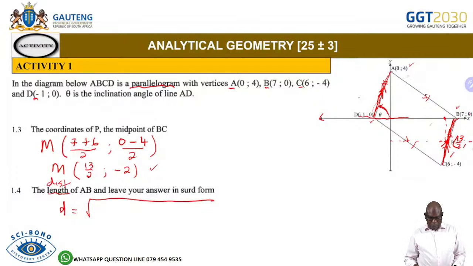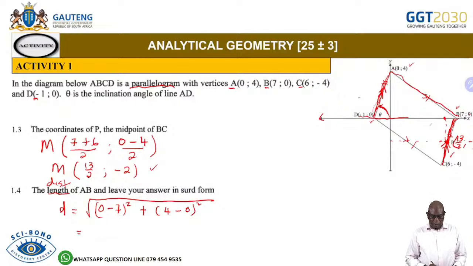So AB, so I'm looking for line AB. So it's from A to B. So from A to B, I'm starting with the 0. So it will be 0 minus 7, starting with the x value, squared, plus, the formula has a plus. So I said 0 minus 7. Then I'm going to say 4 minus 0, squared.